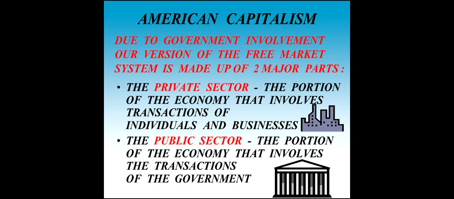For example, when the government orders jets from one of our airplane manufacturers, the airplane manufacturer is obviously part of the private sector, but they're getting orders and they have a portion of their business that comes from the public sector. But generally, overall, these are pretty easy to measure in two separate categories, and that's how we measure the economic system.